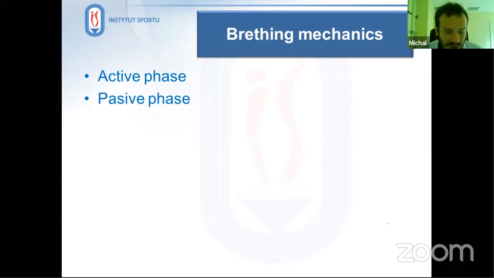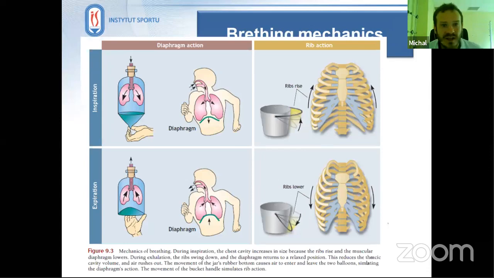Breathing mechanism. We have a second topic that is connected with inspiratory muscles: the mechanism of breathing, active phase and passive phase. If we look at the top row, inspiration: diaphragm action and rib action. The diaphragm is pulling down to increase the volume of the chest, and the ribs are pulling up to increase the volume of the chest, to create this pressure.